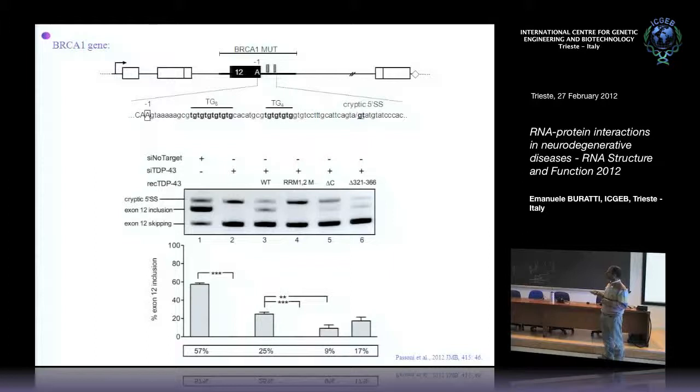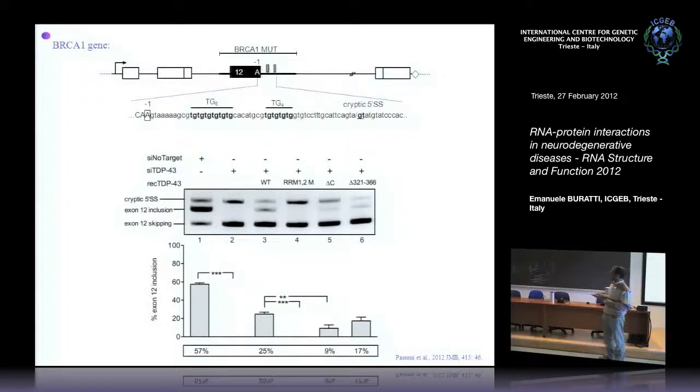we put these sequences in the minigene, and then we removed TDP43 and added back the siRNA-resistant wild-type or mutated TDP43 construct. What we saw is that in 3 cases, so in one case it was the BRCA1 gene that carried a disease-causing mutation.